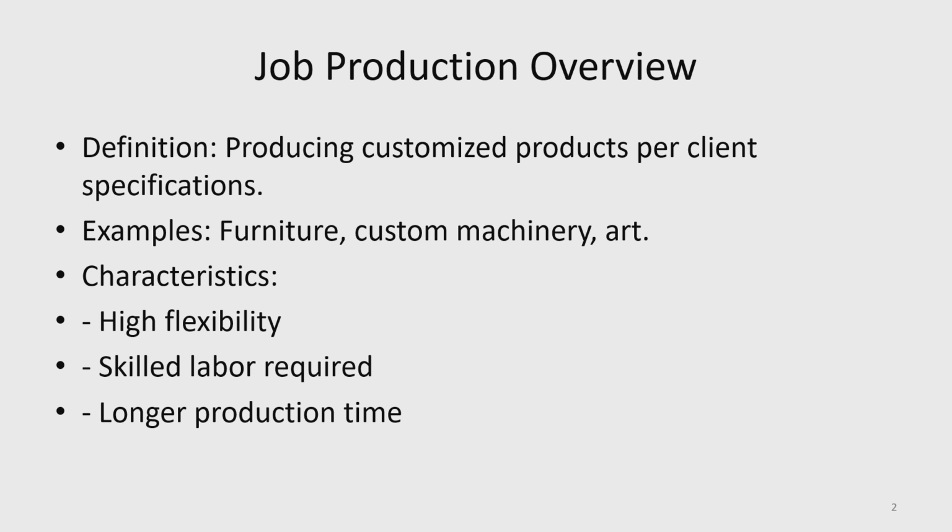What are its characteristics? Job production is highly flexible. That means one can change according to the customer requirement. Design modification can be easily done. Another characteristic is that skilled labor is required, because there is no precedence. Maybe you are making the job for the first time, putting in a special feature, and there is no template.